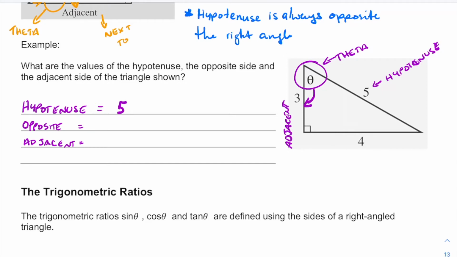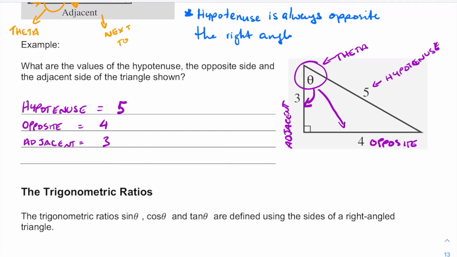It's directly next to the angle, so the adjacent is equal to 3, which leaves the other side being opposite, with the value of 4. So that's fairly straightforward in terms of which side is which on the triangle.